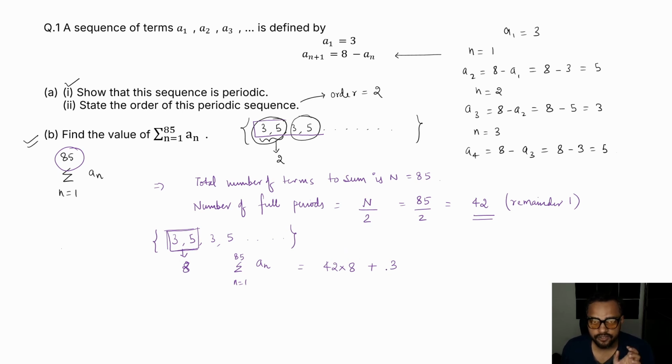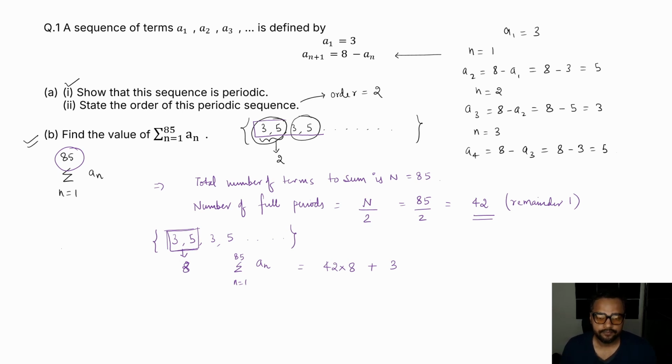Now why have I written plus 3 here? Because the remainder was 1. It means that one more term will be coming after the 42 full periods are written. So what will be the next term after writing 42 times these terms?